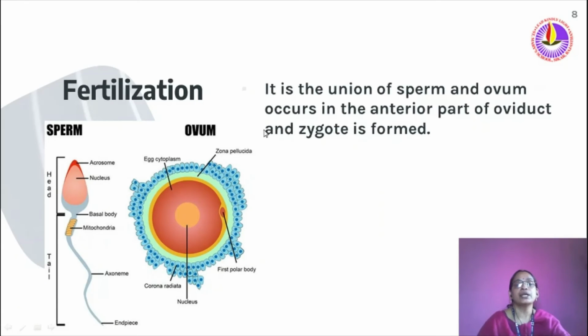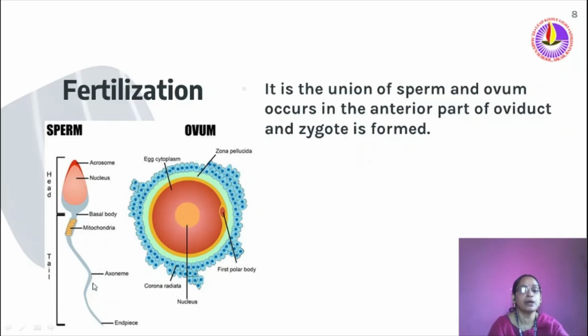What is fertilization? Fertilization is the union of sperm and ovum, which occurs in the anterior part of the oviduct, and a zygote is formed. Let us see the sperm. The head of the sperm is known as the acrosome. Here the nucleus is present, this is the basal body, and here mitochondria are present.